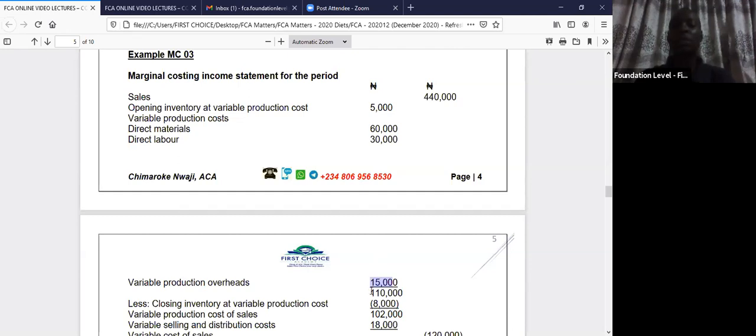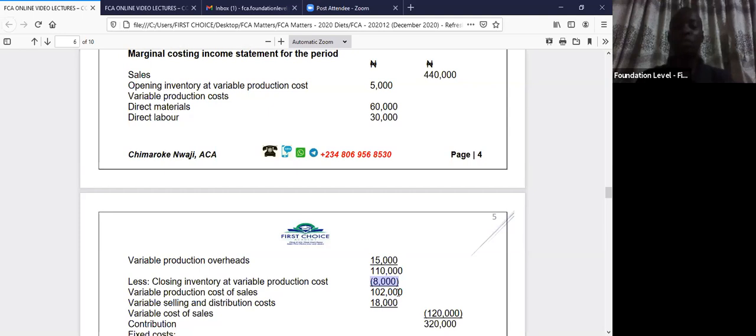If you had sold everything, this whole 110,000 would have been your cost of sales. But you didn't sell everything, and so you have a closing inventory. How do you value that closing inventory? You value it at your variable production cost. So that's 8,000. So you are now left with 102,000.